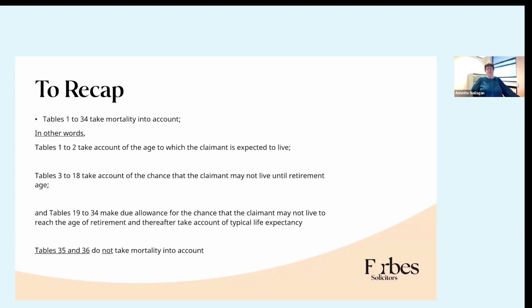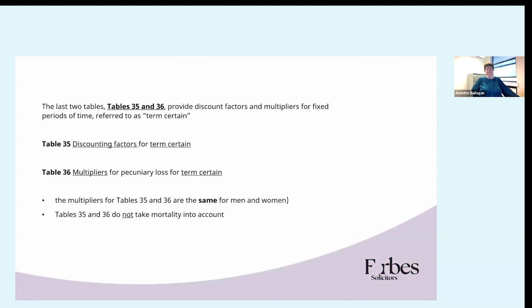So that's the first 34 tables, but 35 and 36 are a little bit different. So 35 and 36 are basically where you've got a loss for a fixed period. So table 35 is discounting factors for a term certain. I will give you an example at the end, but just as an example quickly here, you've got a claimant who needs a hip operation in 10 years and it will cost say 5,000.